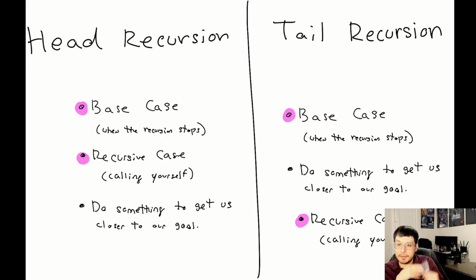Whereas the other way around, you go as deep as you can, and on the way out you do things. That's kind of a backwards mentality to what we're used to. But it turns out there are a lot of really cool algorithms that involve that mentality and make things a lot easier.